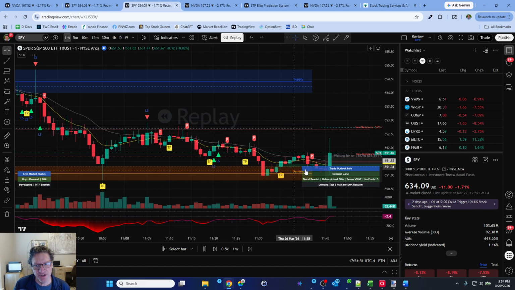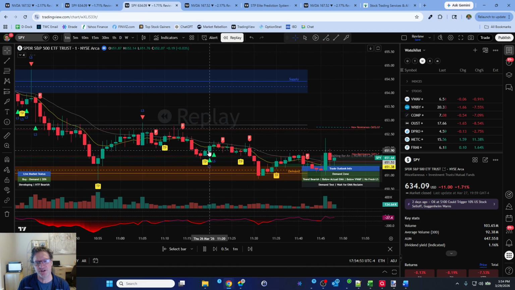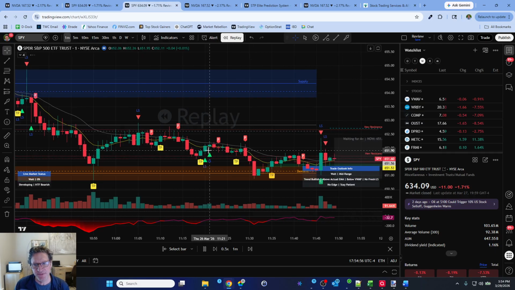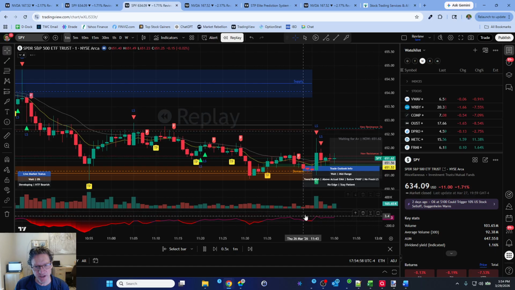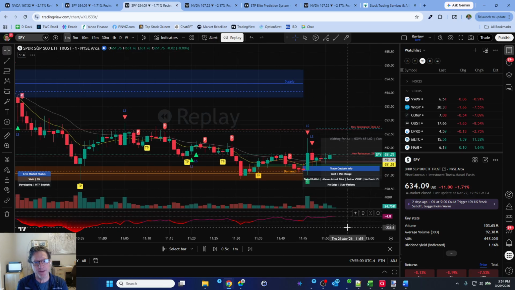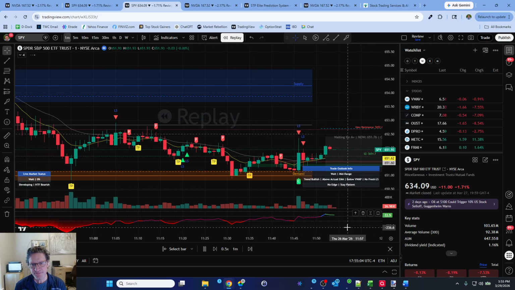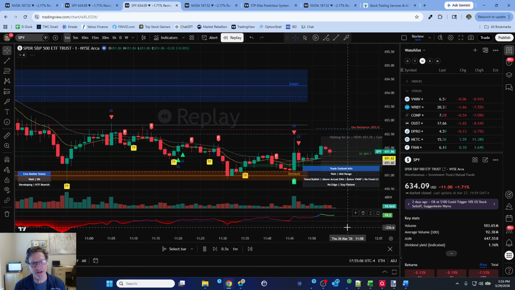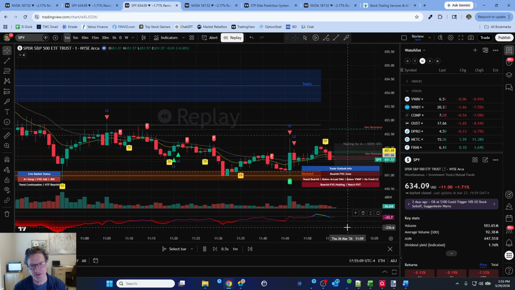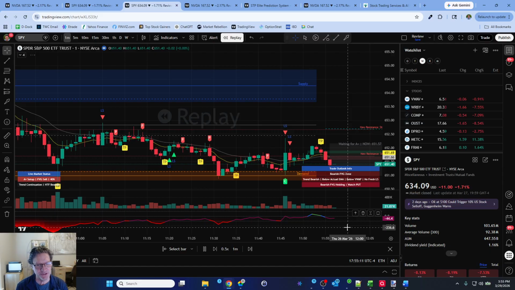But if the EMAs start to cross, that's when I start getting a little nervous. But this was the 1 minute chart. I'm just playing it out, showing you what would happen, what my symbols are showing. And again, you have some pretty nice trades if you follow the exact symbols.